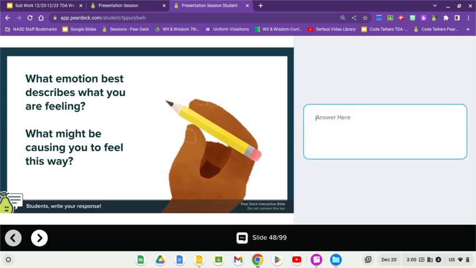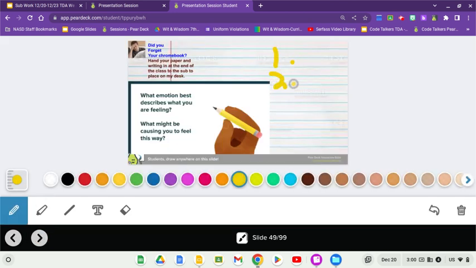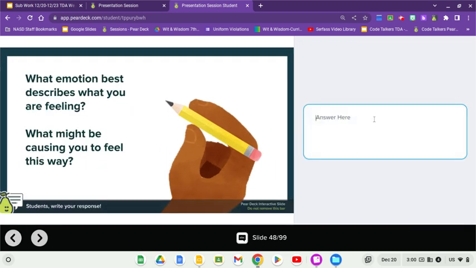Now, what emotion best describes what you are feeling and what might be causing you to feel this way? Well, if I got paper, I simply just put a number 1 and a number 2. But otherwise, I'm on the computer for slide 48 and I'm typing, the emotion. Well, let me put actually, this would be better. Blank is the emotion that best describes what I am feeling, period.